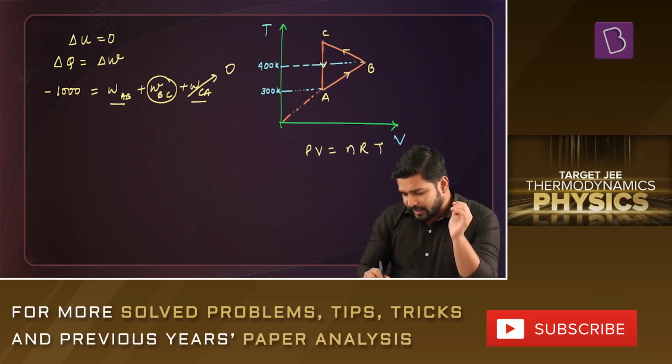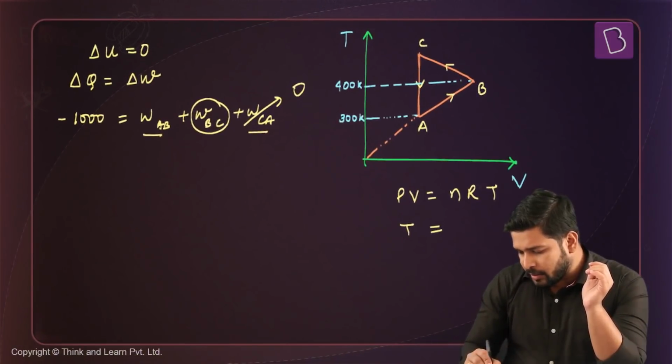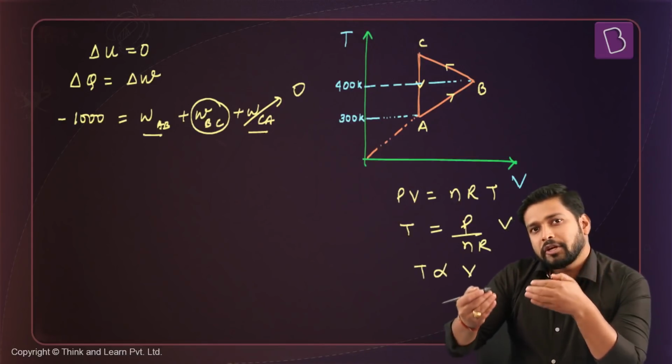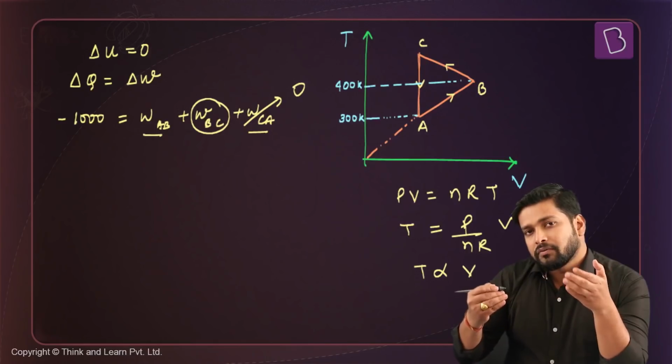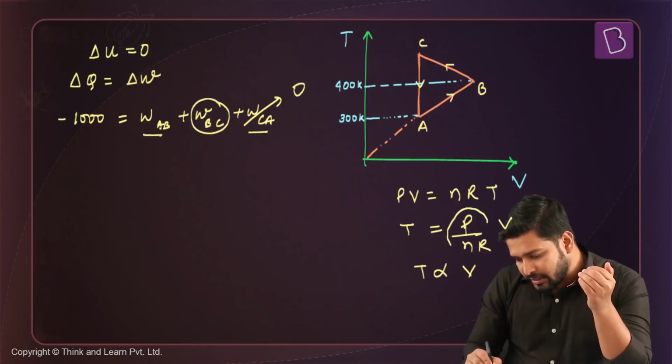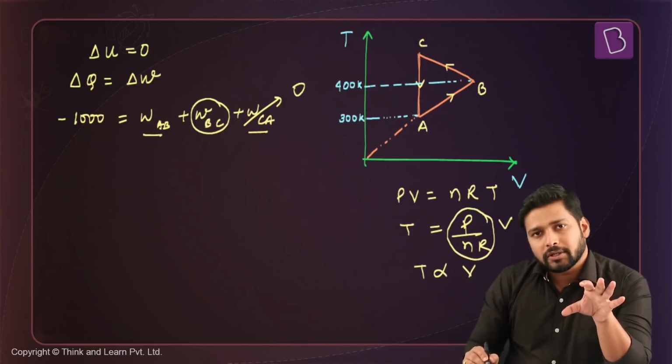So if I express that, T is equal to P upon nR times V. So T is directly proportional to V, right? So if this has to be true, then only we get a straight line, right? And if this is a straight line, then this value must be constant.